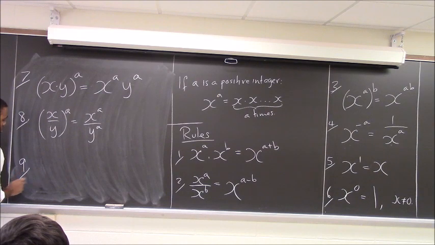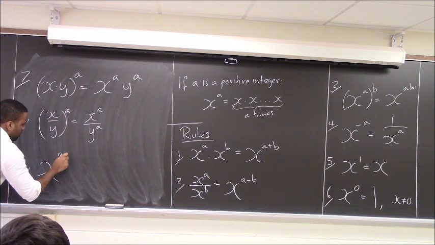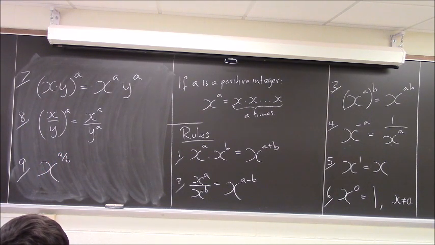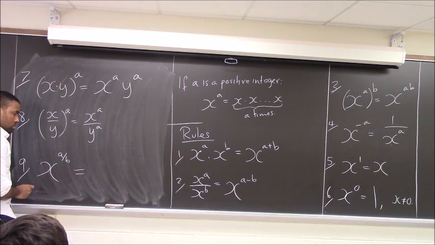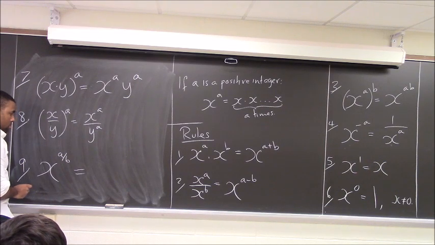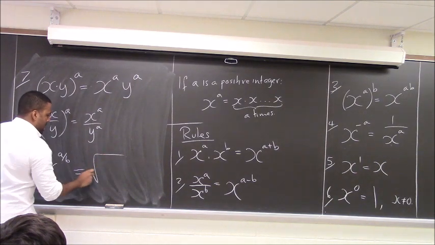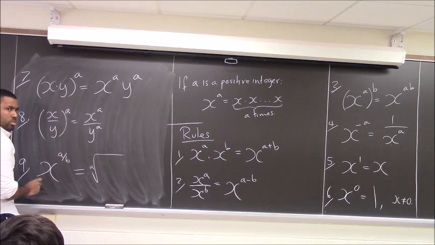What about this one? If I put a fraction in the power, what does that mean? Yeah? It would be the root of a to... never mind. The root of a, that's what you mean? No, never mind.